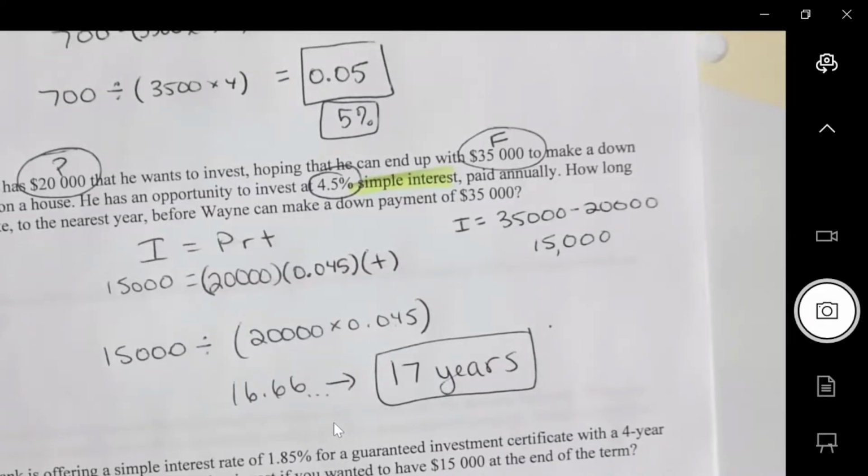It did say in here just to the nearest year, so I'm going to round that. Again, on this test, ask yourself if it makes sense. Does 17 years seem appropriate? That was a lot of interest, so yeah, that does.